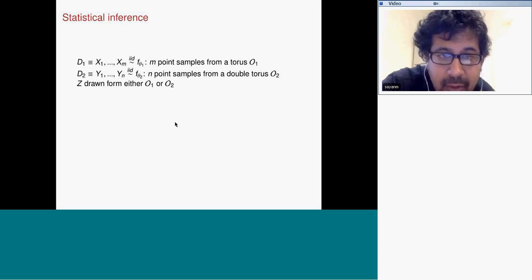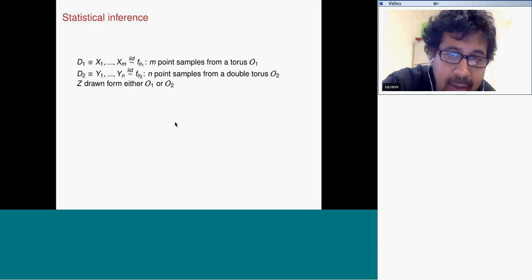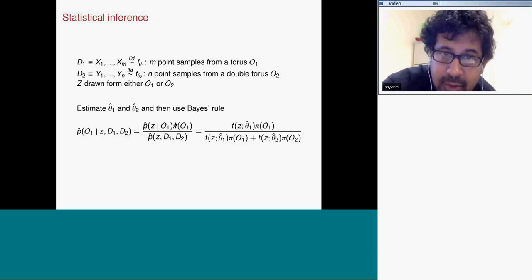Now, similarly, let's say we have another set of data. These are endpoints, and they're drawn from the double torus. Now, another point is drawn from the torus or the double torus, I won't tell you which it is, and I ask you, well, which one is it? Which one did it come from? Now, if I can write down a model, right, I have two of them. I have f(z | theta hat 1).